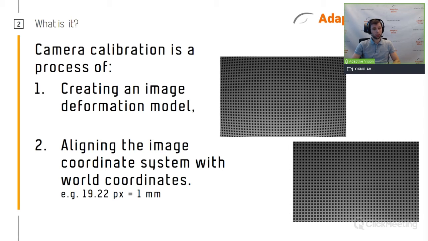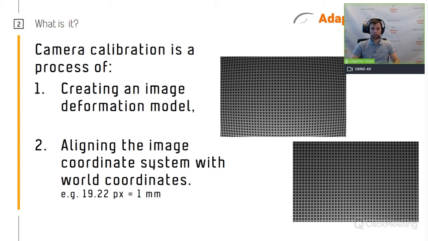They are not ideal. And when the lens is a little bit cheaper or when the focal length is rather short, like 4, 4.5, 6, 8, 16, depending on the lens quality, we are experiencing a quite significant deformation on the image.